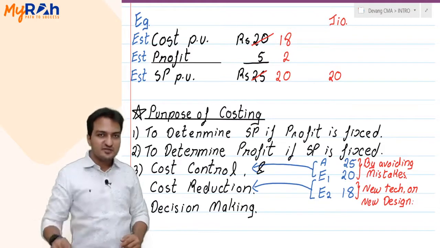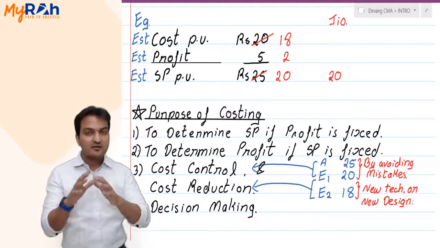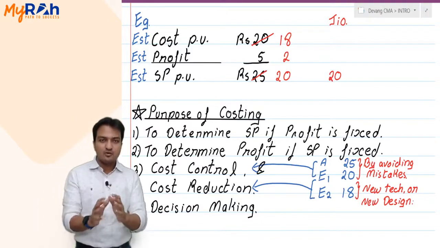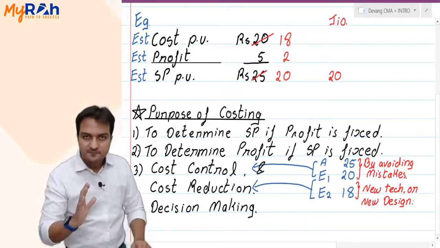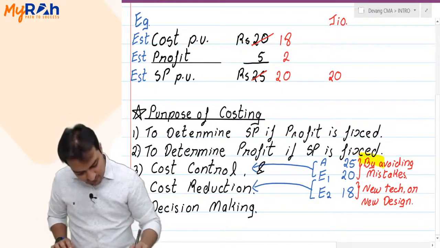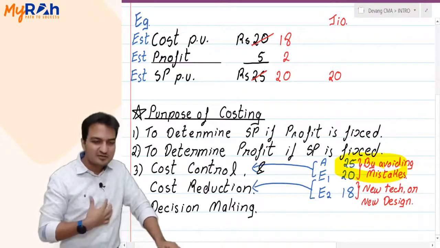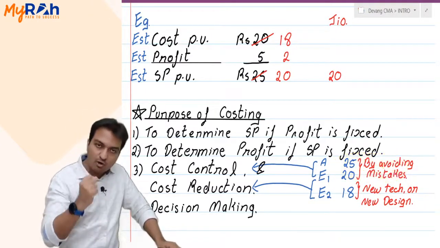And look, this decrease now by changing the design, don't you think it will be a more real and permanent decrease? Look, the decrease that I got by avoiding mistakes might be temporary. This year I could avoid mistakes, so my cost had a decrease.